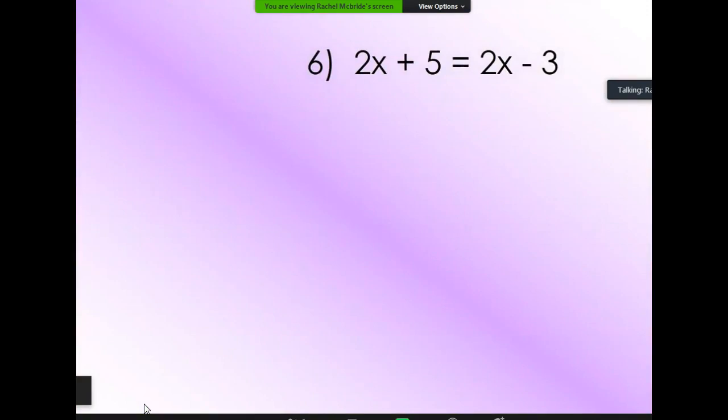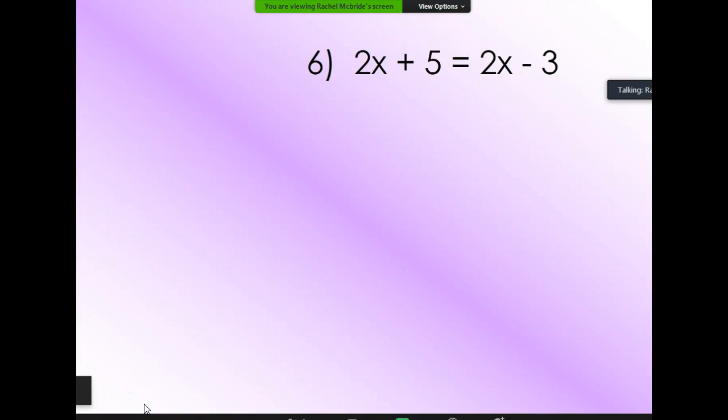2x plus 5 equals 2x minus 3. Sierra? All right, we could subtract 5. More than likely, I probably moved 2x first because I have a tendency to move my variables. But subtracting 5 is not wrong.